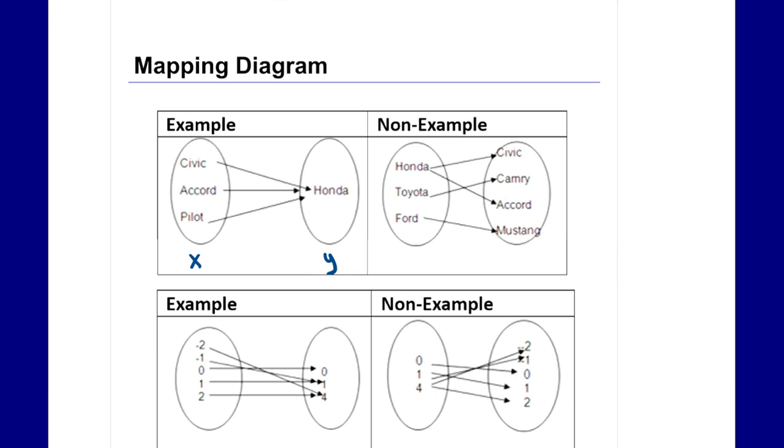Different x values can have the same y value, but a y value can't have different x values. For every x value, there is only one y value. If we look at these arrows, there's only one value coming out of each x value. So that would make this a function.